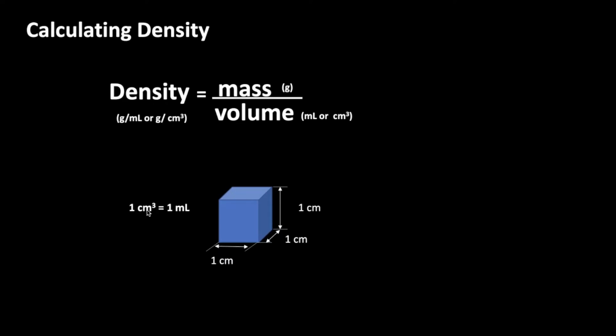Remembering that a centimeter cubed, we think of a cube 1 centimeter on each side, is equal to 1 mil. Mass, you can sometimes use kilograms, but we want it in grams usually, over volume, which is in milliliters or centimeters cubed.